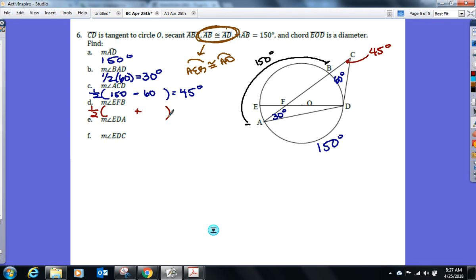It's EB, right? Can you find what EB is? This EOD is a diameter, that's a half circle, right? If that's 60, this will be 120.